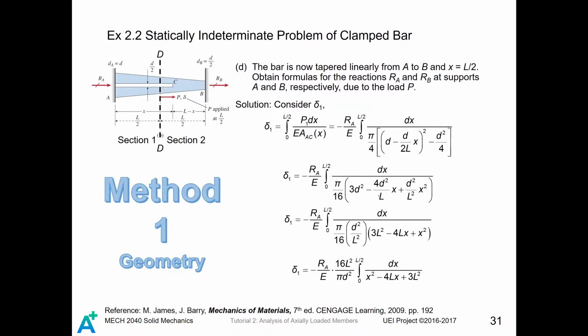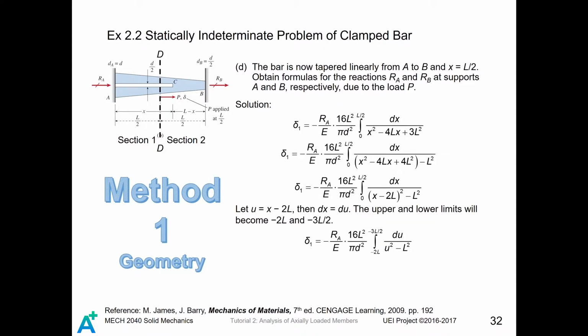Besides, we take out d squared divided by L squared, such that this will become a polynomial. Next, we do a technique to make this part a complete square, and then we can write the integral in this form. Finally, we let u equals x minus 2L, then dx equals du, and we change the upper and lower limits to minus 2L and minus 3L over 2.